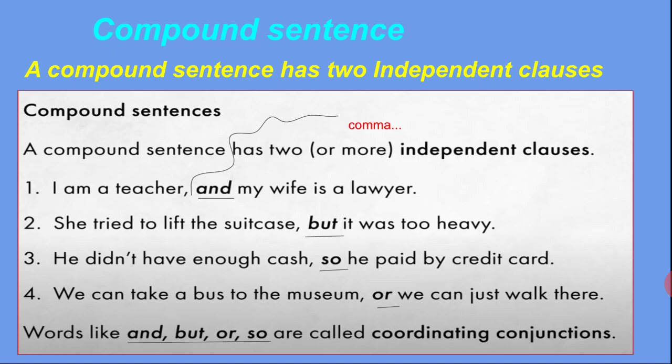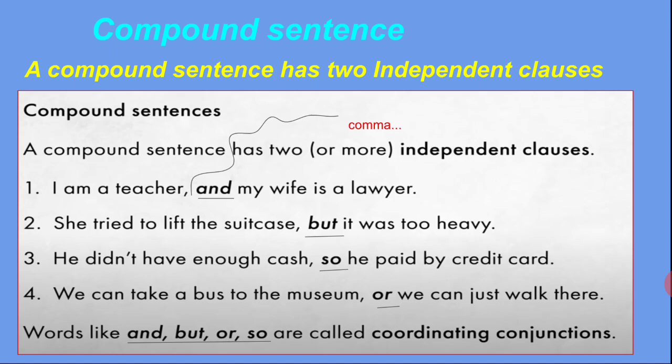See, I am a teacher, my wife is a lawyer. Two simple sentences are connected with the conjunction and. I am a teacher and my wife is a lawyer. So two simple sentences are connected with a conjunction to make it a compound sentence.